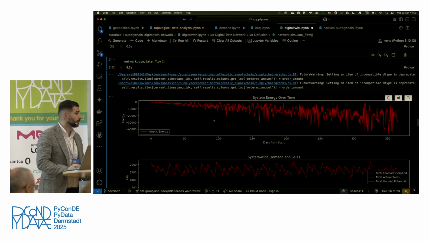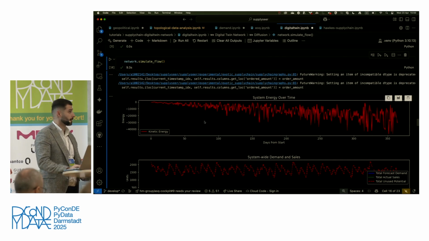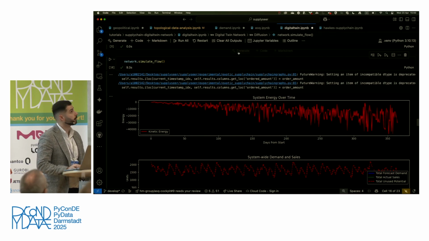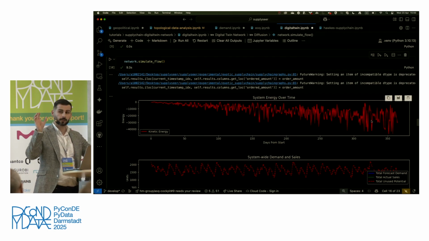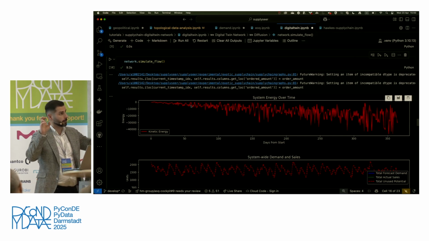We see a metric here called kinetic energy, or system energy over time. For those of you who are familiar with physics, energy cannot be negative, but in this case it makes sense. We can look at it if we have time, but in the module we view it as negative, and the more negative it gets, the better the flow between warehouses and stores, because the system is, I'm not going to say learning, but in quotes, "learning."